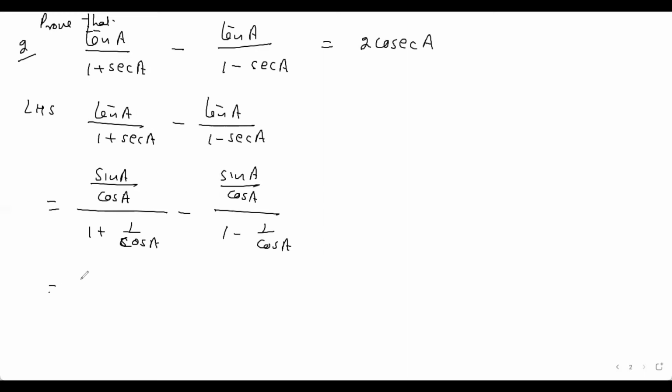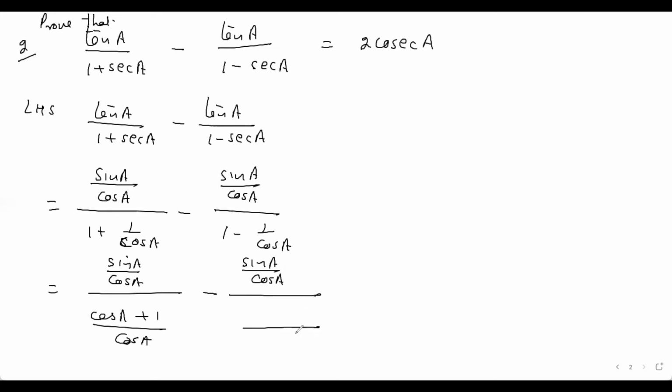Now take the LCM in the denominator. In the numerator, we will have sin A upon cos A, and take the LCM. You will have cos A plus 1 in the denominator, and take the LCM, that is cos A minus 1.